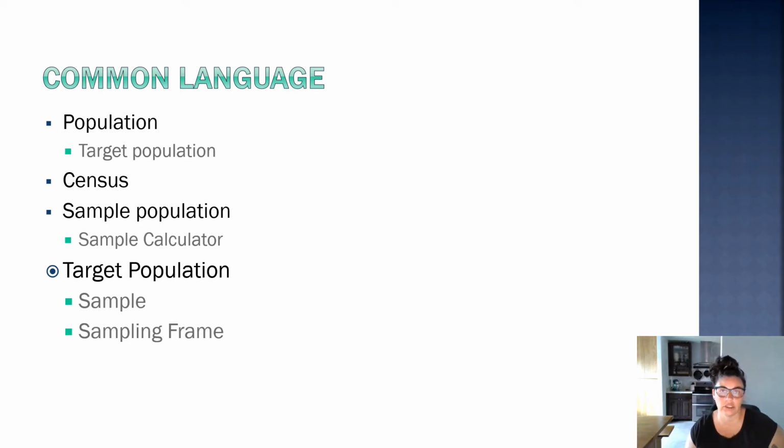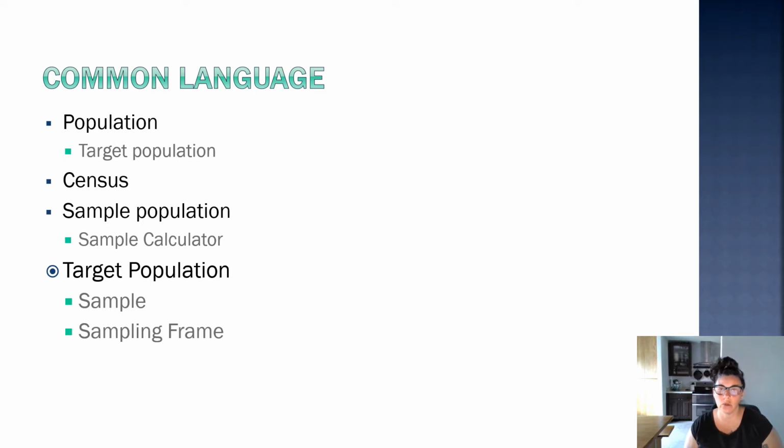In research, that's not what we're talking about. A population is the group of people who you are going to eventually target. So the group of people who have the characteristics that you need to be able to get the information that you need from them, right?